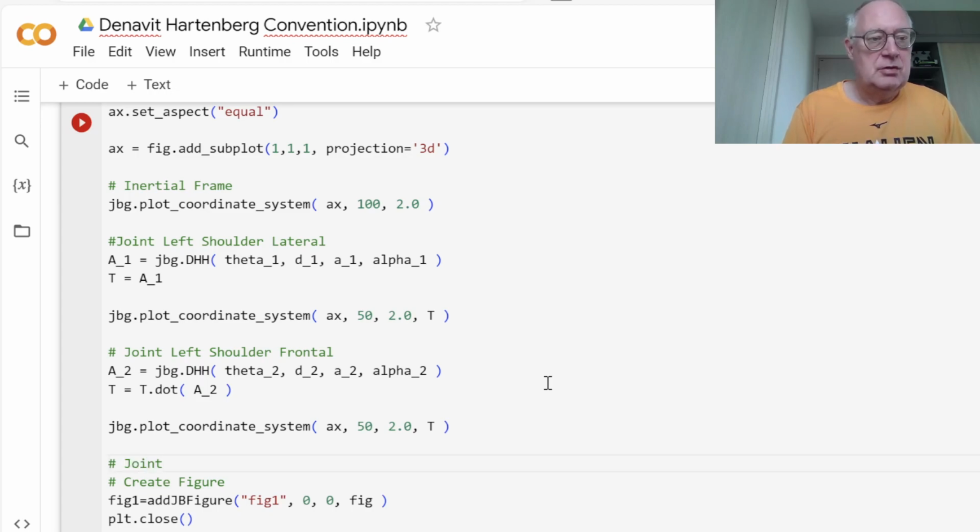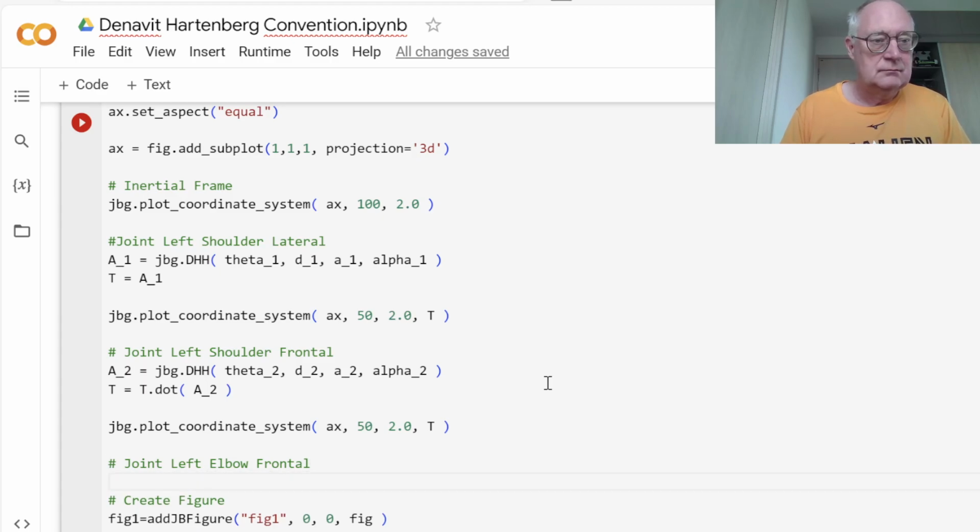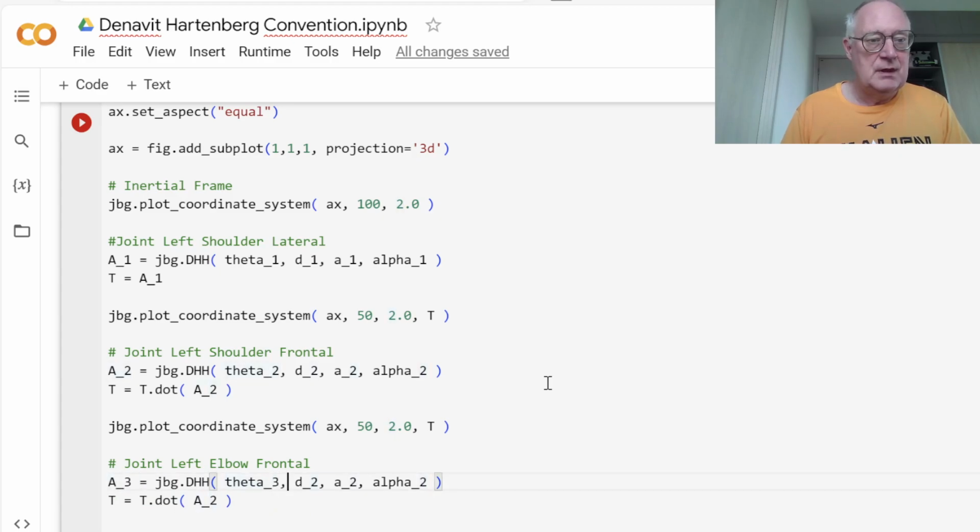So next we go to the left shoulder, that would be left elbow now. And that would also be frontal. Now this one is a little bit tricky, and you should certainly try that for yourself.